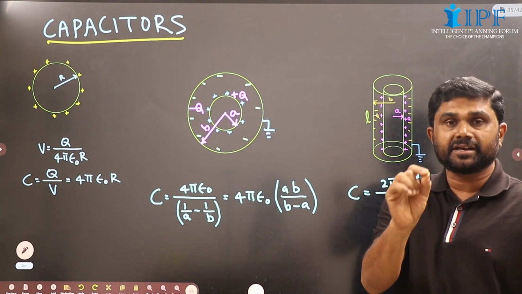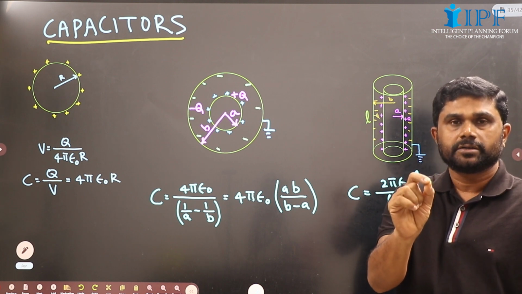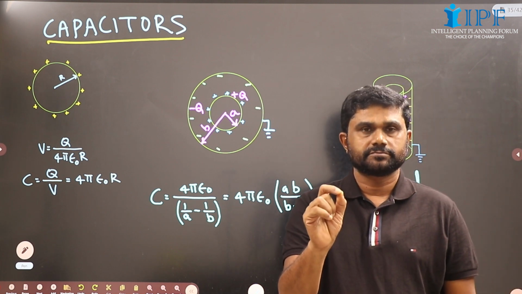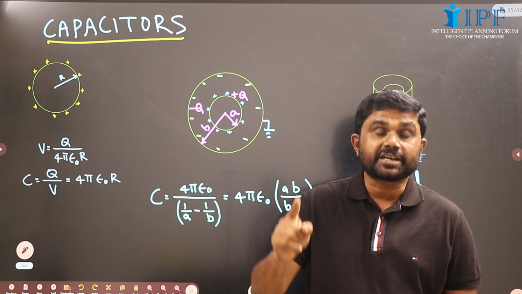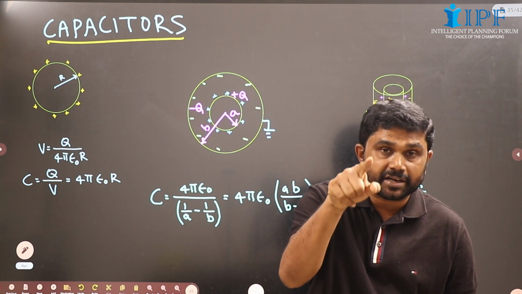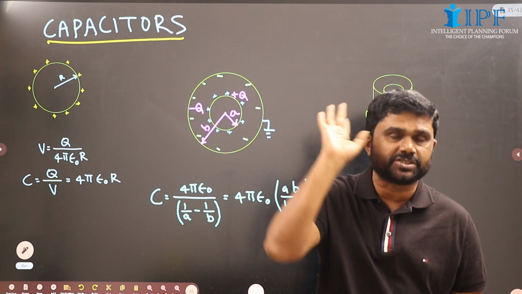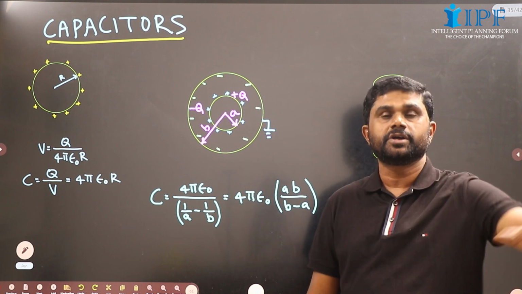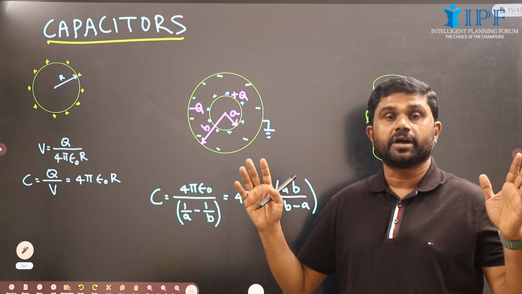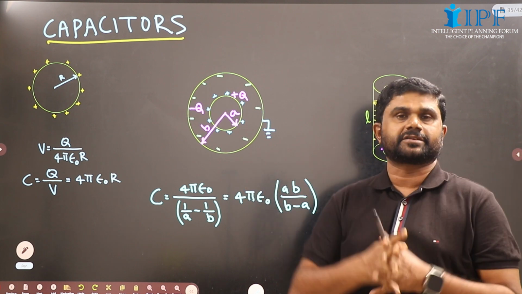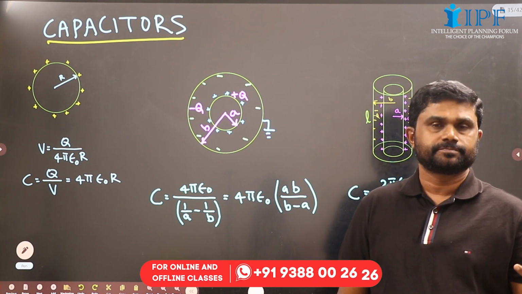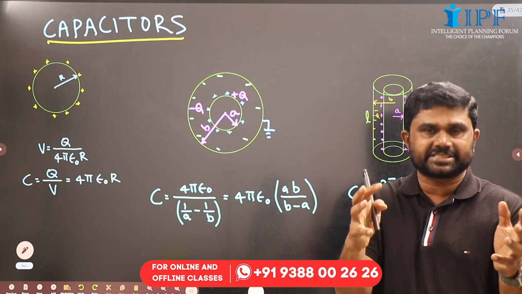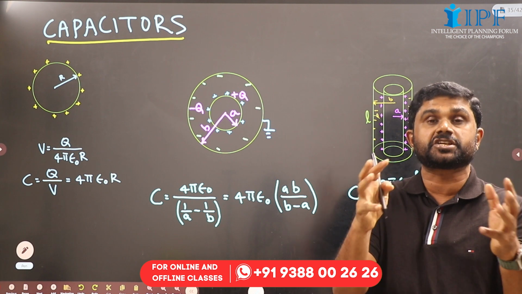Whenever a conductor is connected to the ground, we can only surely say that the electric potential on that conductor will be 0. We cannot predict the charge on that conductor. Charge need not be 0. Charge will be adjusted so as to make its potential 0.